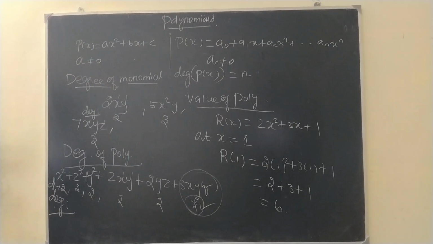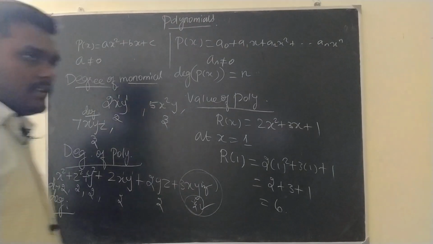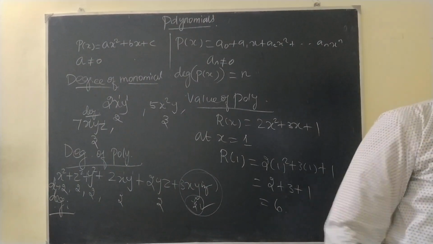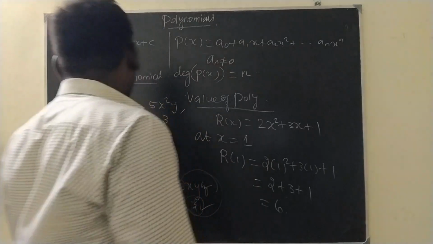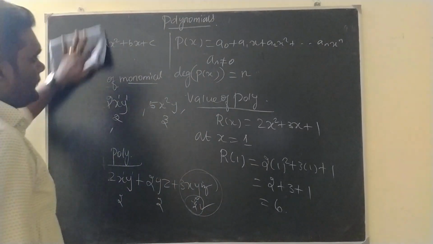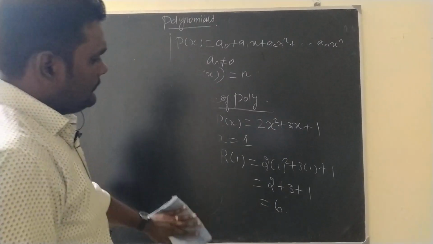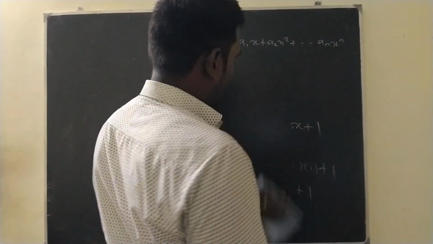Next, the coefficient, leading coefficient, zero polynomial, zero degree polynomial. Do you know anything? You read about those.